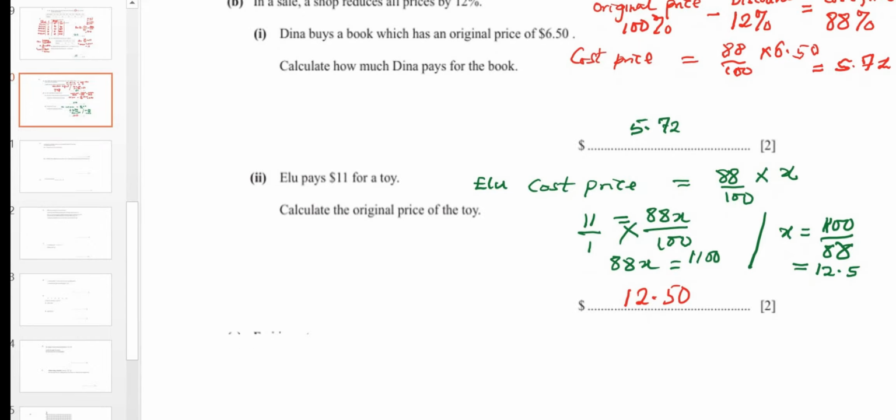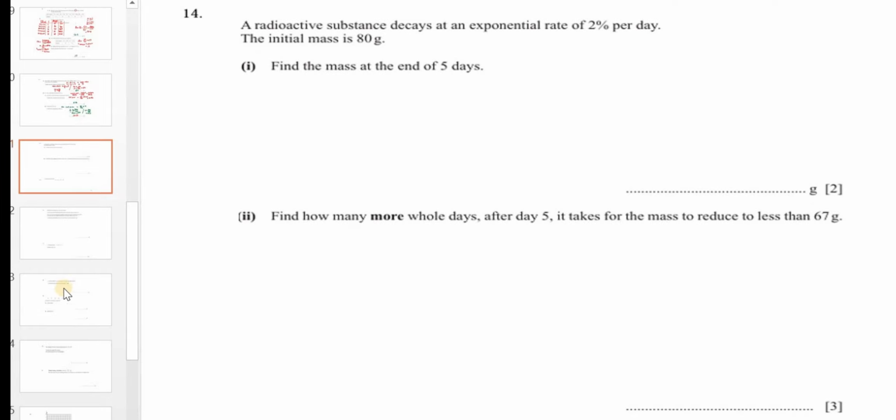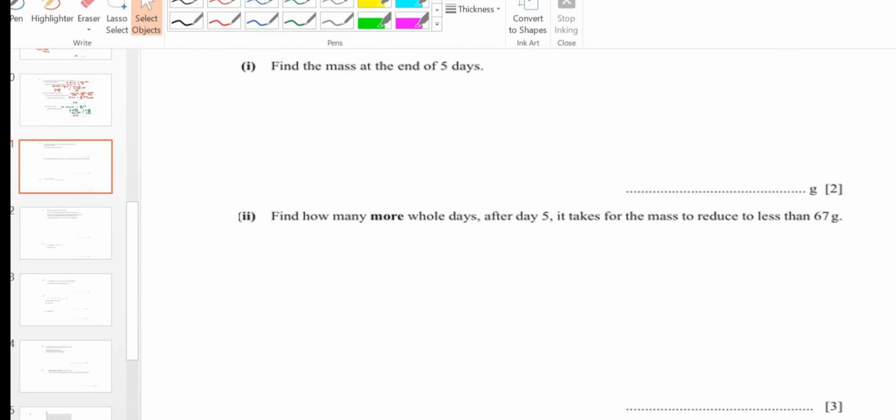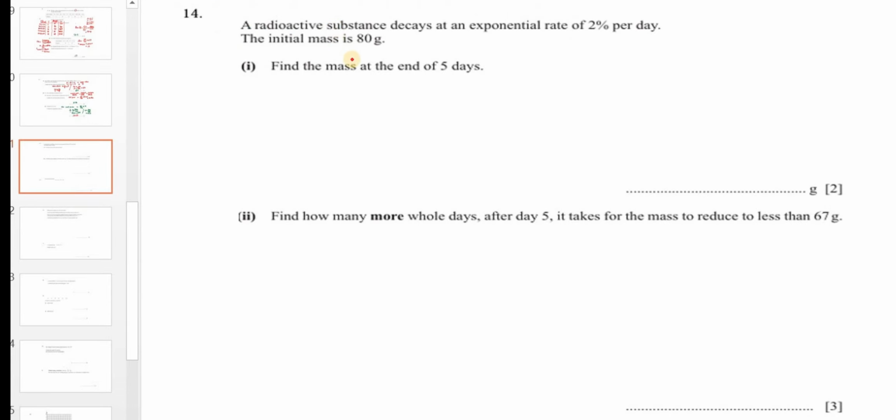Then the next question is number 14. This question is on a radioactive substance decaying at an exponential rate of 2% per day. The initial mass is 80 grams. Find the mass at the end of 5 days.